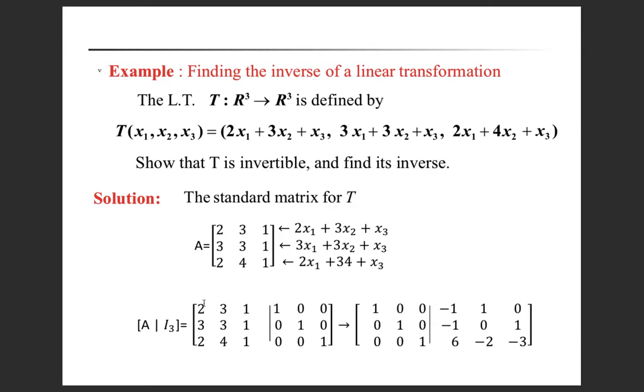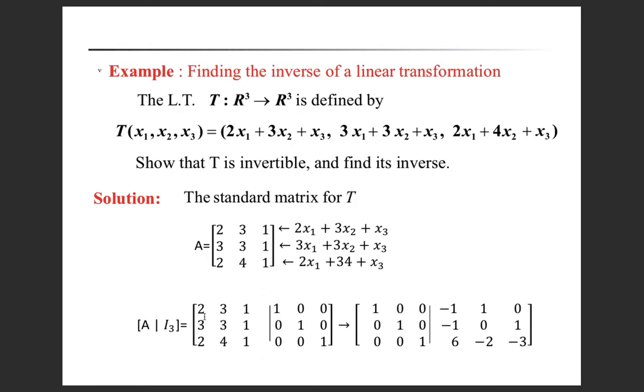After making this element 1, we will make the elements below it 0. 3 can be reduced to 0 by multiplying the first row by 3 and subtracting it from 3. So this will become 0 because here after division by 2 we will have 1. And here also we can reduce it to 0 by multiplying by 2 and subtracting it from 2.